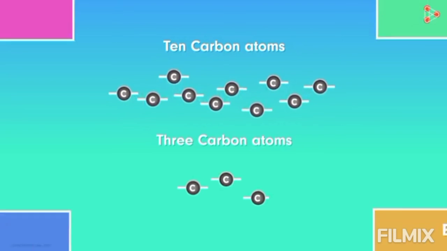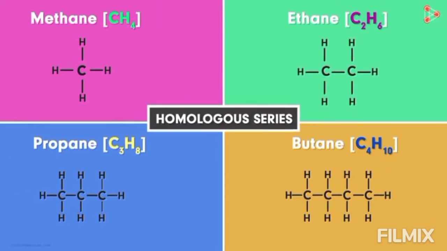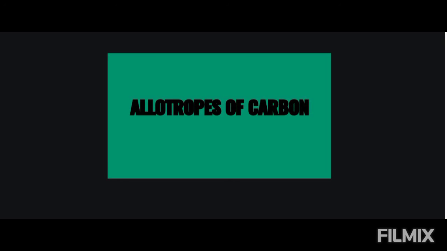The 3 carbon chain can be broken easily, so the melting point, boiling point, etc. increase when the carbon chain increases. So methane, ethane, propane, butane are a homologous series with the functional group CH2. Okay, so you have got an idea about homologous series. Now try to write the homologous series of alkene and alkyne.